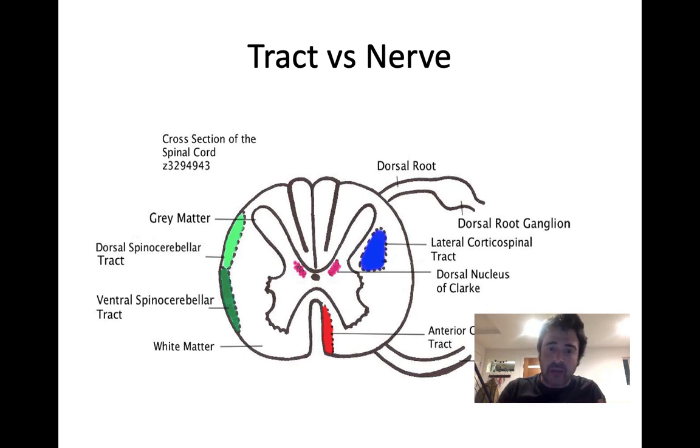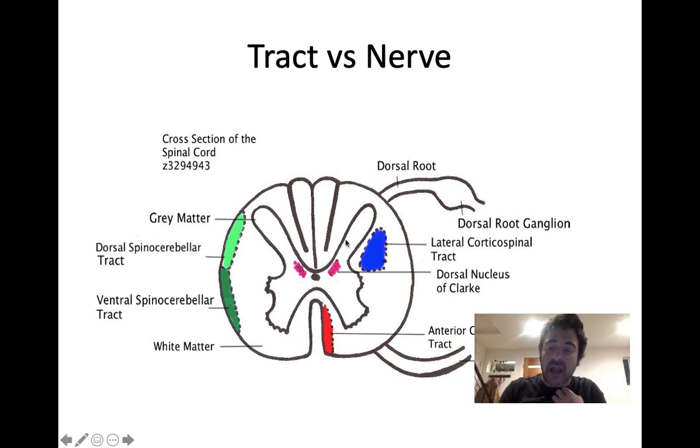Now, a tract is a bundle of myelinated axons within the central nervous system. So if we're talking about the movement of information from point A to point B in the central nervous system, that information is transmitted along myelinated axons. And bundles of myelinated axons in the central nervous system that are carrying similar groups of information, we refer to as tracts.